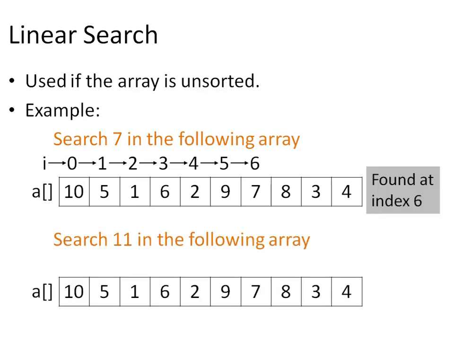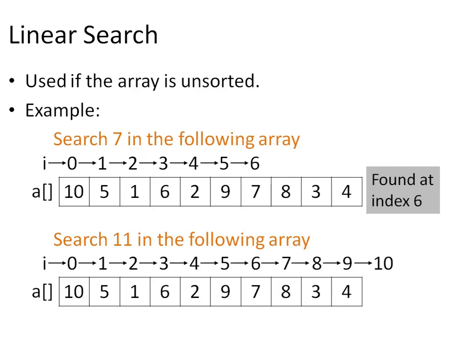Similarly, if we have to search for 11 in this array, then as we can see, 11 is not present here. So we start from 0 and keep on checking for all the elements till we reach the last element. Since the element is not found, an unsuccessful search has to be reported.